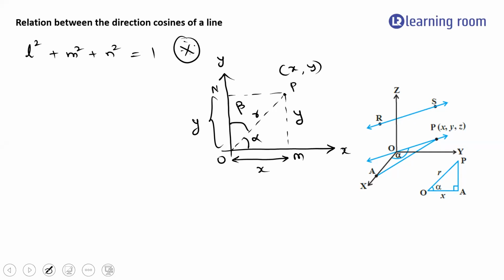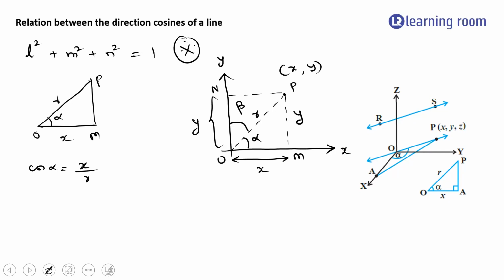So if I take the right angle triangle OMP, then the angle at O is alpha and OM is x. So what is cos alpha? Remember, OP is r. Cos alpha will be equal to x divided by r.